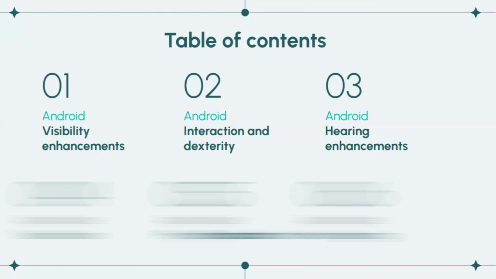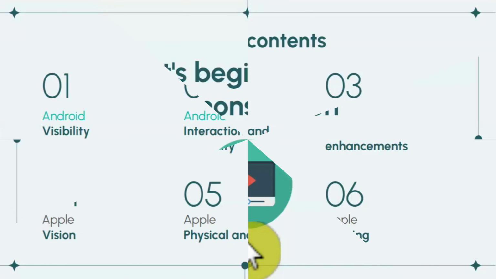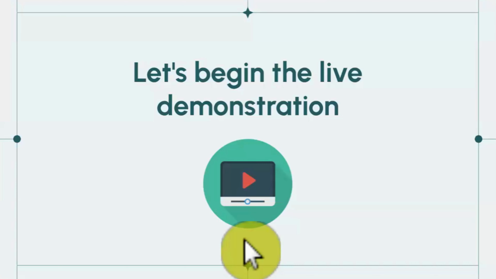To name a few, and these are the ones we are going to be covering, here we have visibility enhancements, interaction and dexterity, and hearing enhancements. Now, let's begin the live demonstration for some of these accessibility features.